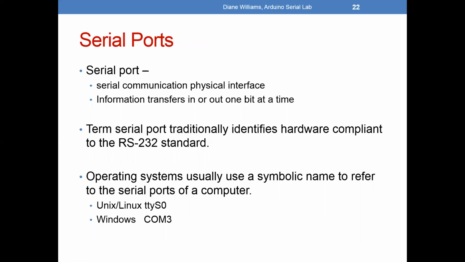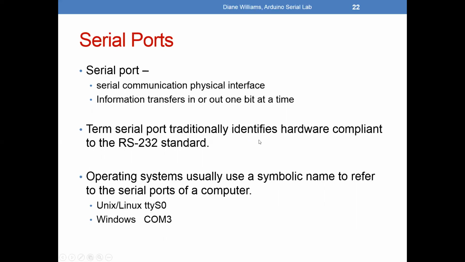If you want to talk about a serial port, when you work with an operating system, when we worked with the Blink sketch, we looked up on Windows and saw that our serial ports were listed as COM ports. On Unix and Linux systems, they're sometimes TTY ports. So you'll see ttyS0 for a serial port, or ttyUSB0 for a USB port.